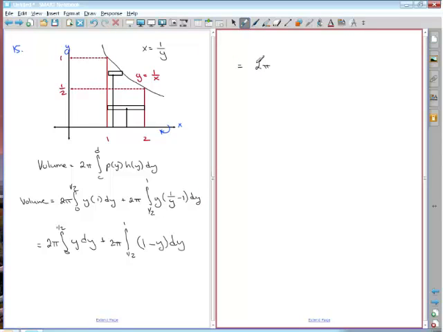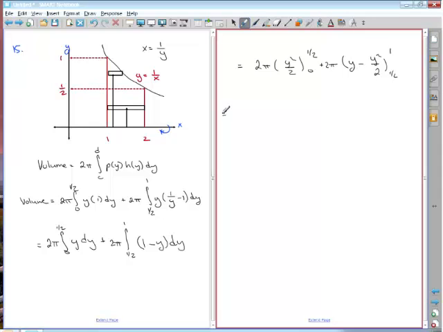We get 2 pi, the integral of y dy is y squared over 2. We integrate that between 0 and a half. And then we do the second integral. The integral of 1 dy is just y, so we get y minus y squared over 2 for the second part, and we evaluate that between 1/2 and 1.